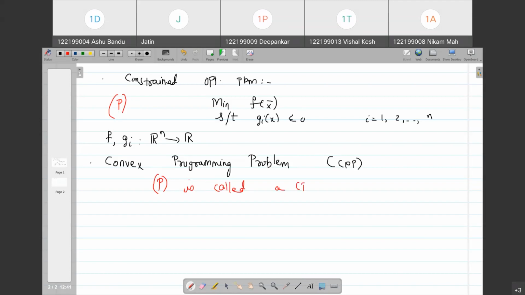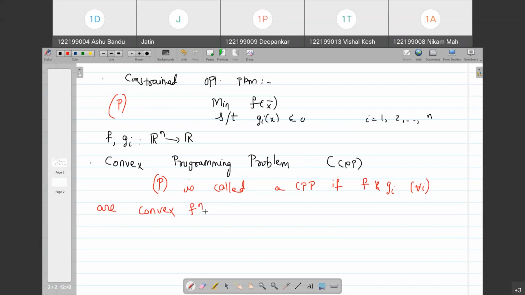So P is called a CPP, convex programming problem, if your f and gi's for all i are convex functions. And again you can see when the gi's are convex, the feasible set will be a convex set.